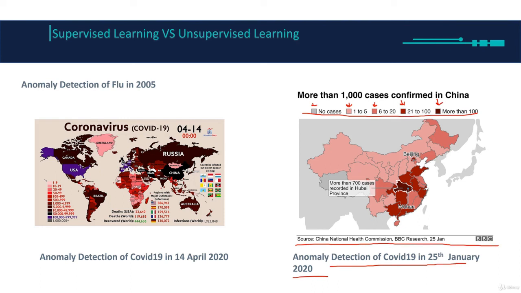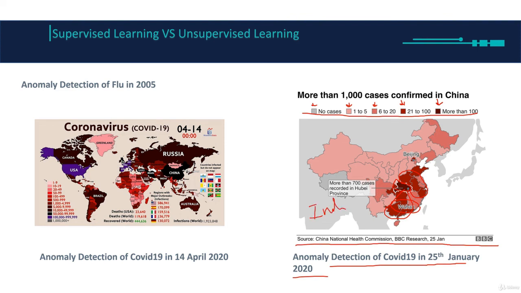Here you can see that Wuhan, where COVID-19 started, is very, very dark red, and the areas around it are in red. And step by step, let's say here we have India.